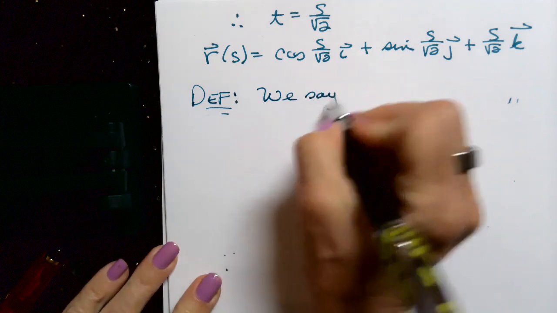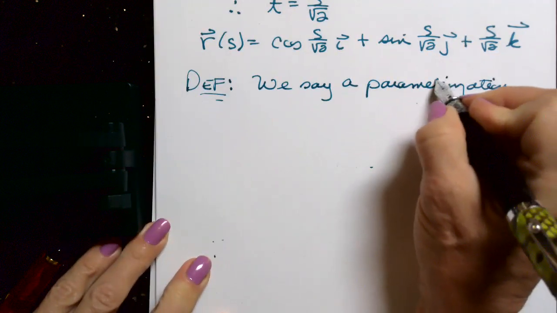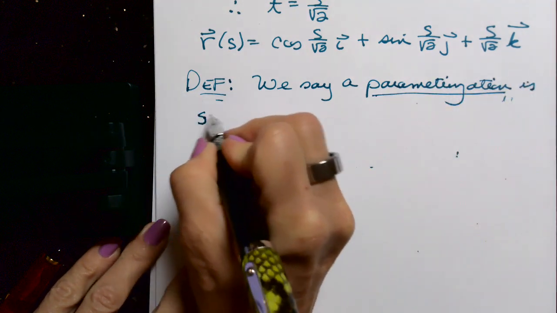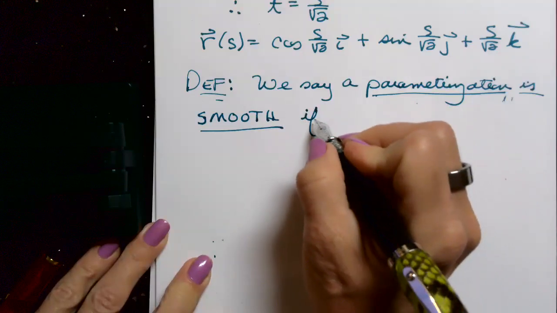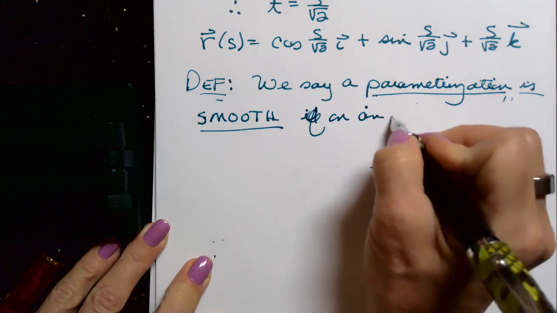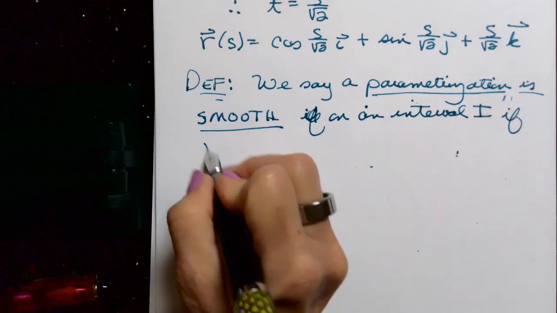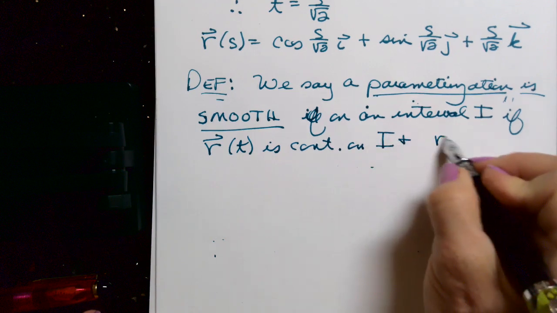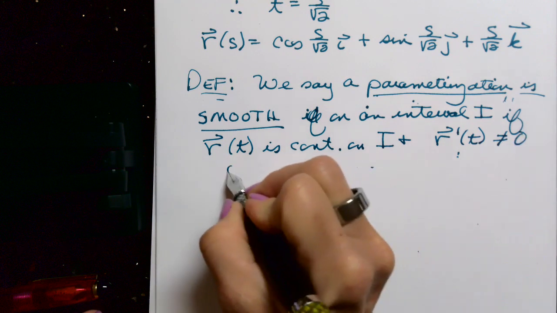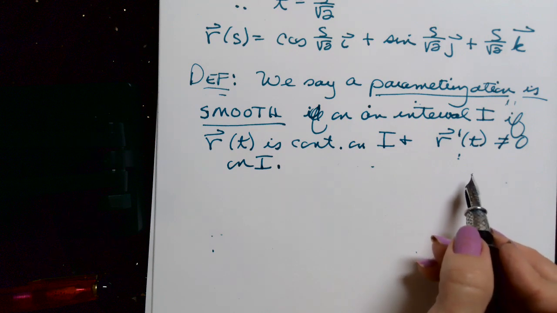We say a parameterization is smooth on an interval I if r of t is continuous on I, and r prime of t does not vanish on I. So the derivative doesn't vanish on I. If you think of r as describing a position, then this says the velocity can never be zero when the parameterization is smooth.